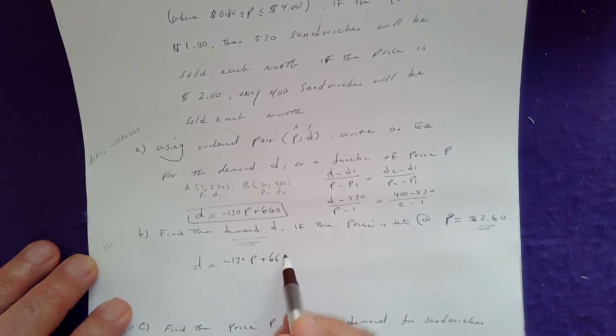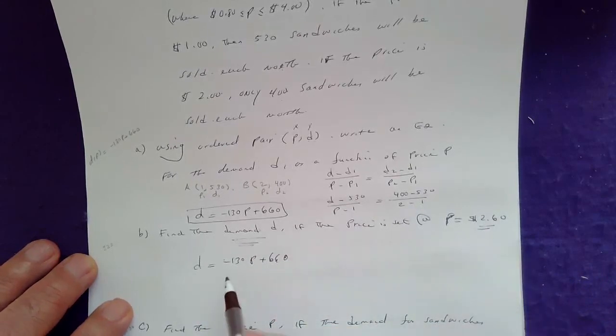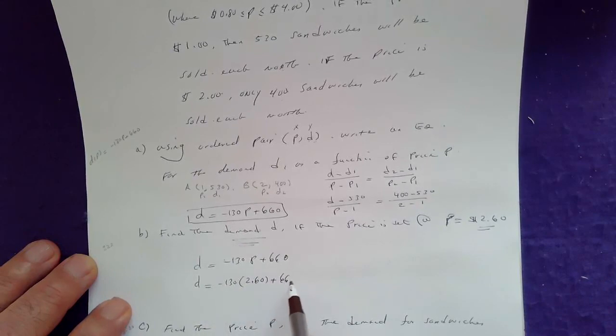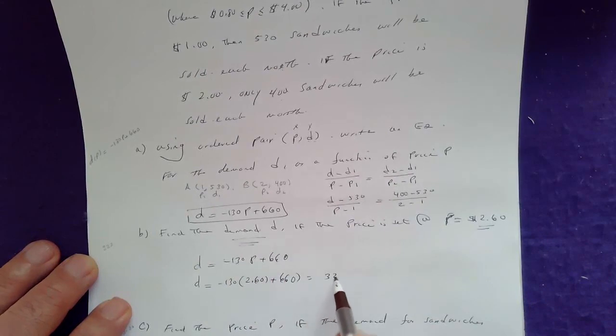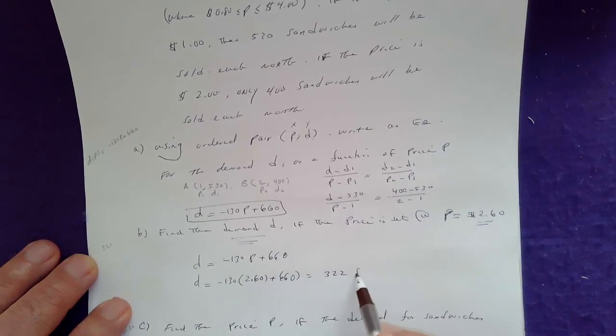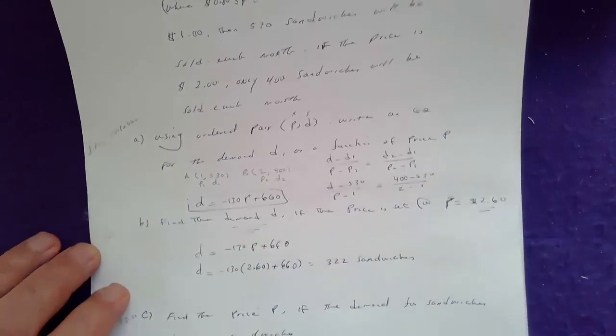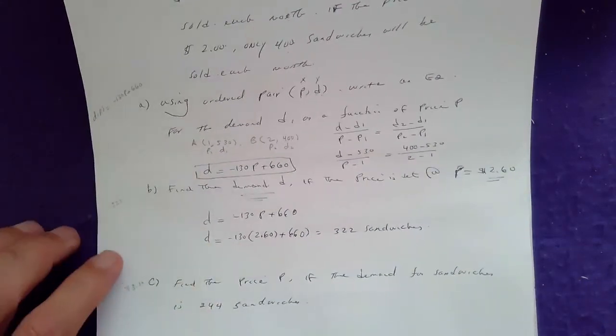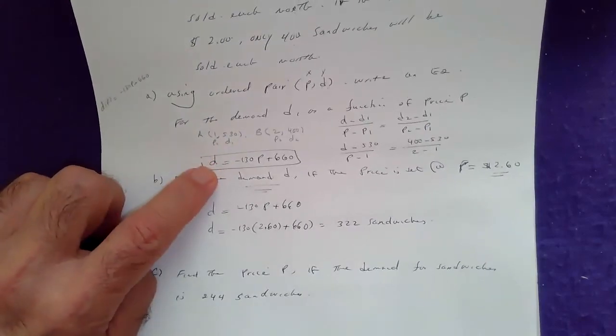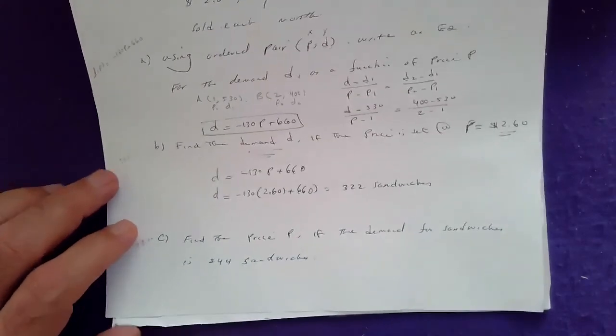And I'm going to replace the P's with $2.60. And if I work this out, I get 322 sandwiches will be sold. Notice I'm predicting the future based on my mathematical equation.